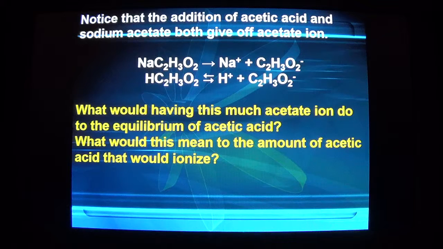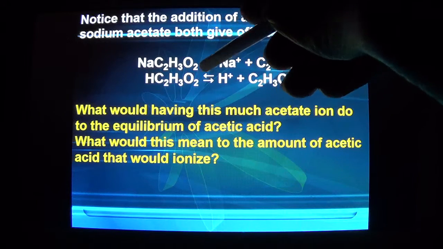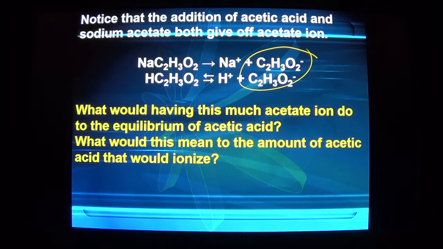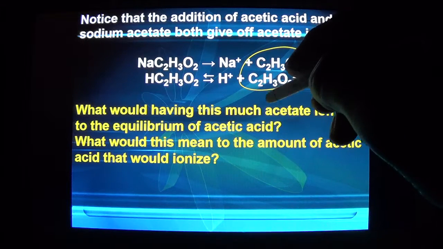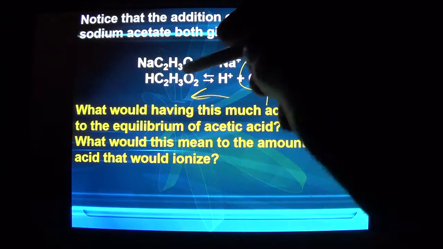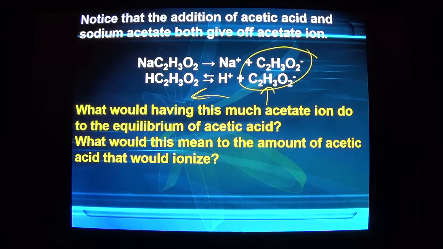Okay. So I also want to point this out. Notice how adding acetic acid and sodium acetate together both give off acetate ion. Okay. So what does that mean if I have a whole bunch of acetate ion around? Well, that really is like adding some more products, which will shift the equilibrium to the left and make it harder for acetic acid to ionize in the first place.